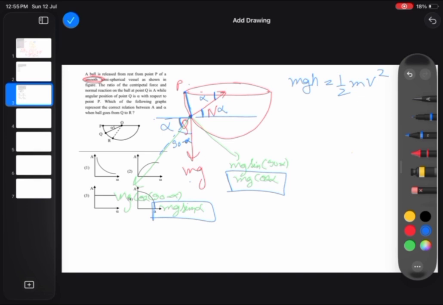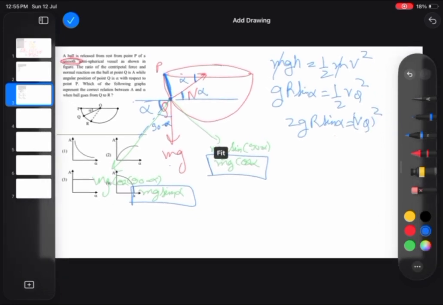Since the ball is dropped from P to Q, mgh, which is the potential energy, will be converted into kinetic energy at point Q. So m cancels, and g h, where h is the vertical separation between P and Q, which is equal to the perpendicular component of the radius, r sin alpha, is equal to half v square. V is the velocity at point Q. So 2gr sin alpha is equal to vQ whole square.